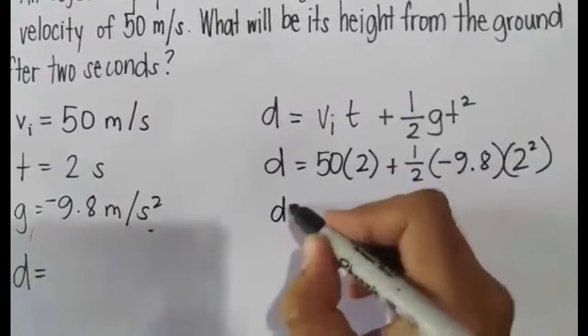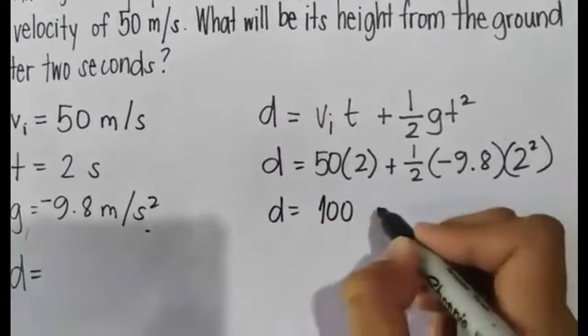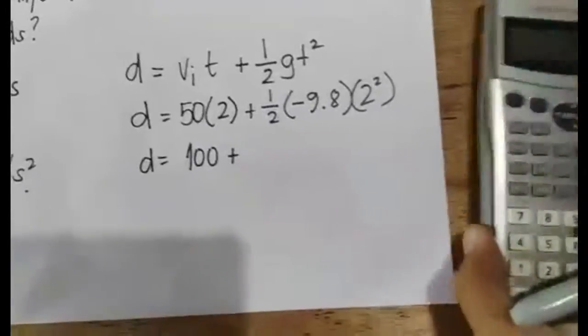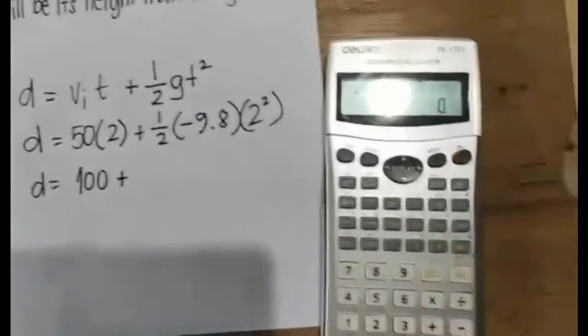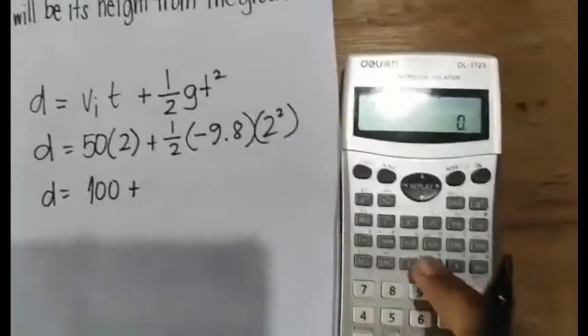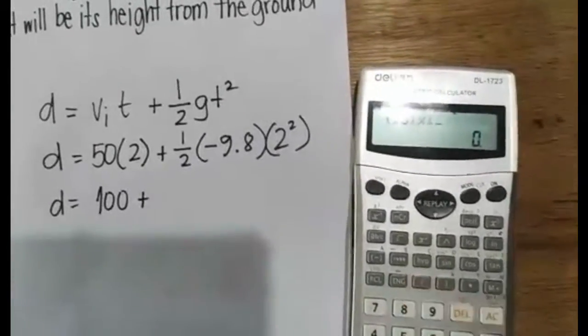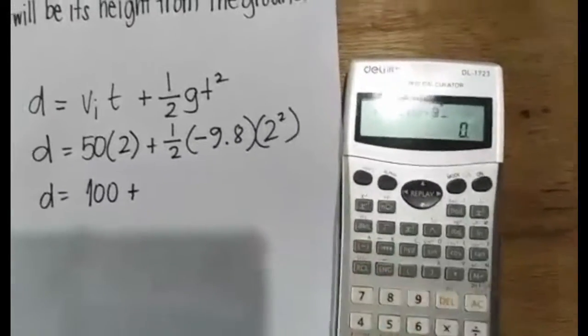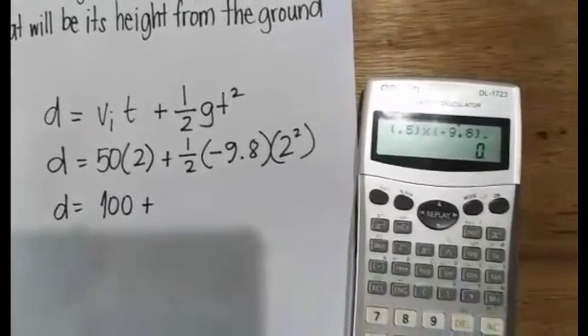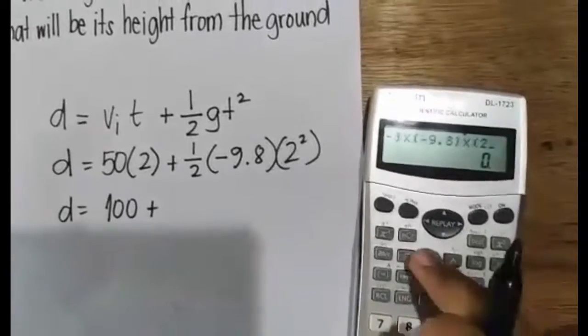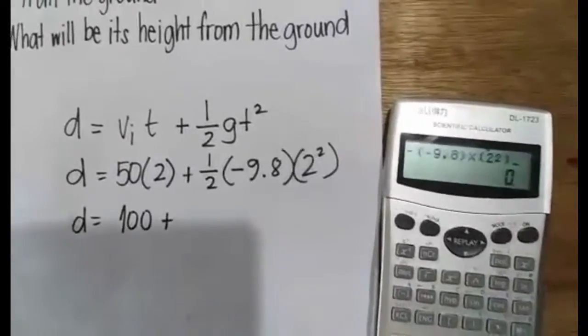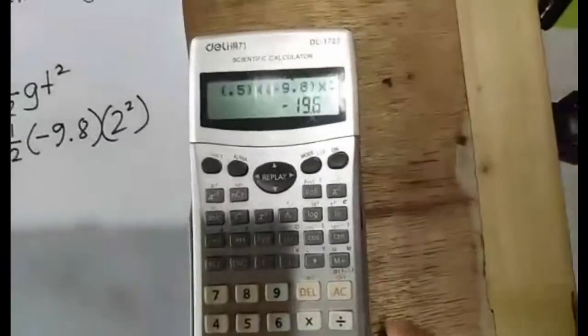Simplifying, we have d is equal to 100 plus, getting our calculator, 0.5 times negative 9.8 times 2 squared. We have negative 19.6.